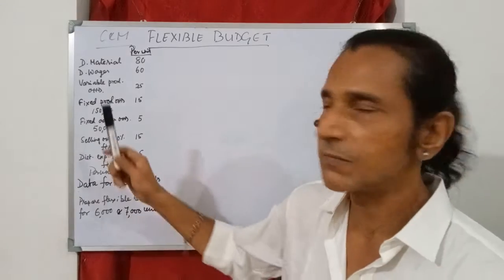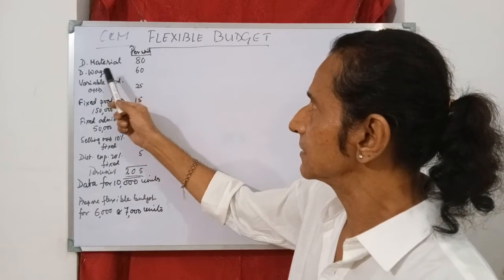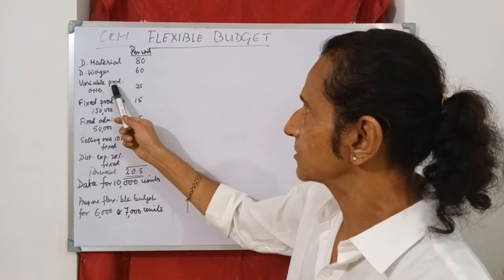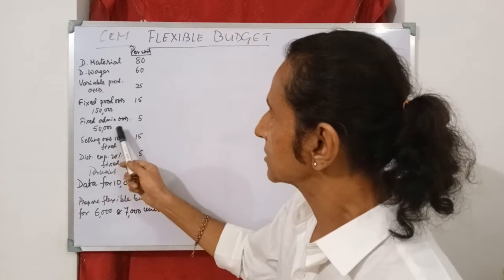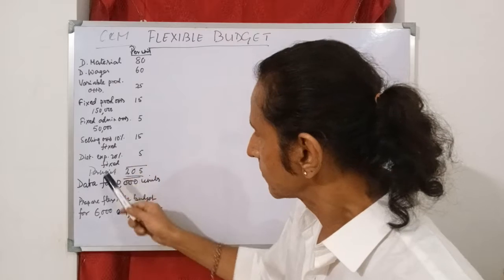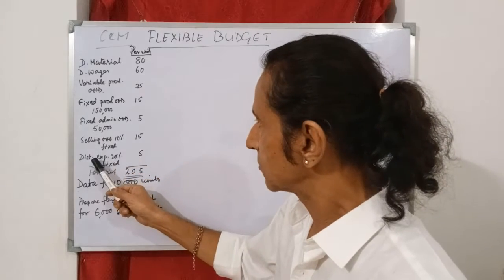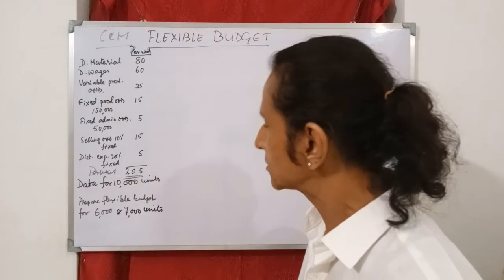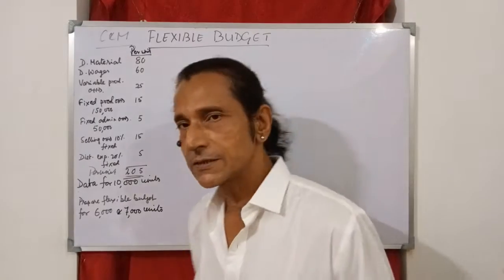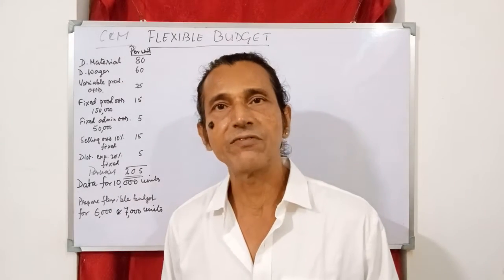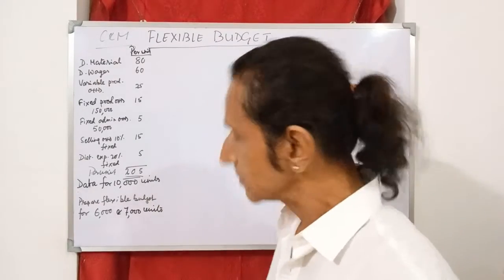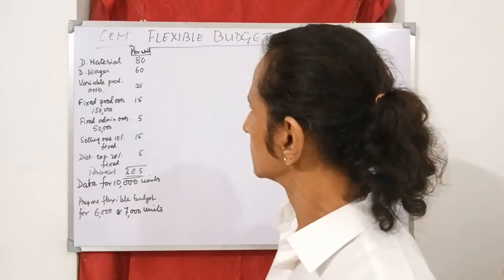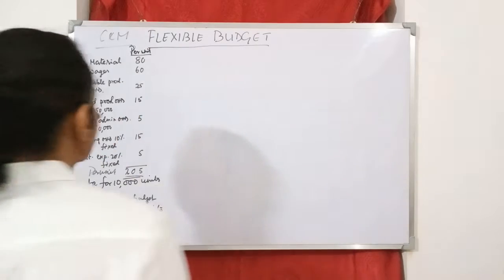We don't have any problem as regards direct material, direct wages, variable production overhead, fixed production overhead, fixed administrative overhead, and the fixed selling and distribution overhead. So we have to first bifurcate the semi-variable or semi-fixed overhead into fixed and variable before we go to the exact solution. So we need to do some workings.